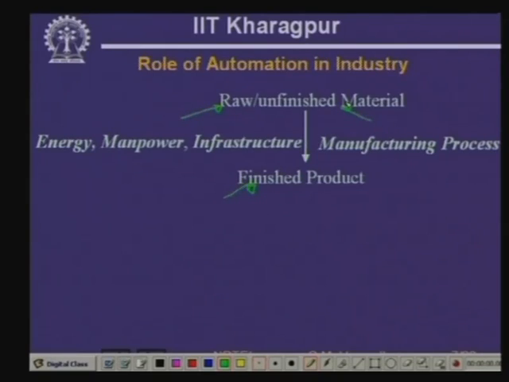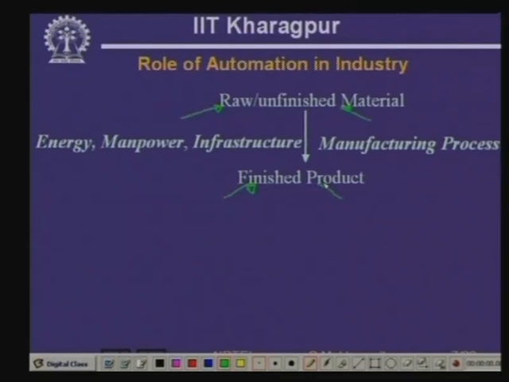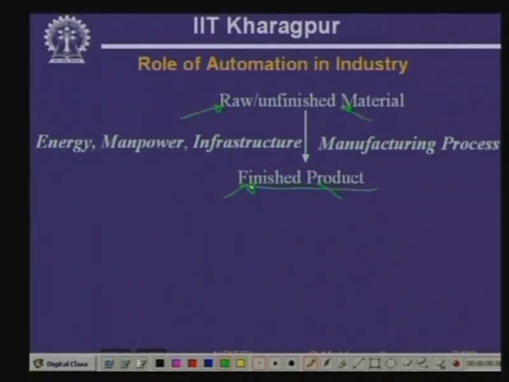On the other hand, it could also start with some unfinished material, which is, when you build a car, you actually buy lots of parts which are manufactured in other factories, and you put them together to build the car. So, you could either start from a raw material, or you could start from some unfinished material and then finally land up on a finished product. This is the essential function of any factory.